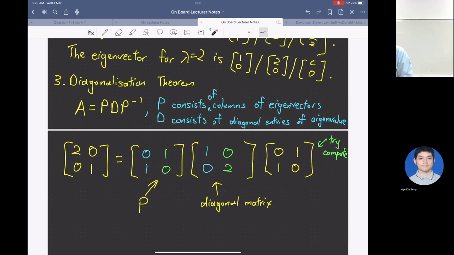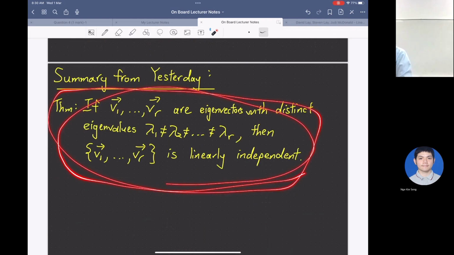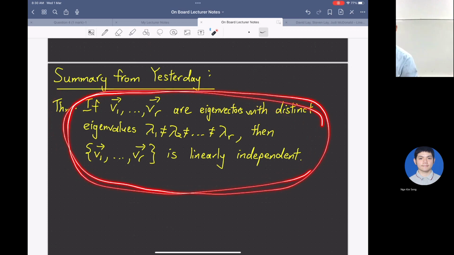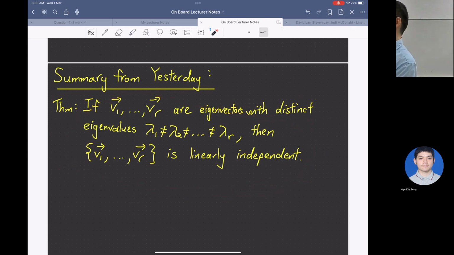So why is this invertible? Because the columns are linearly independent. Why are they linearly independent? Because they are eigenvectors for distinct eigenvalues. That's why I insist on proving this, because it is important. But if you don't appreciate the proof, you need to remember this result: eigenvectors you get from different eigenvalues are linearly independent.